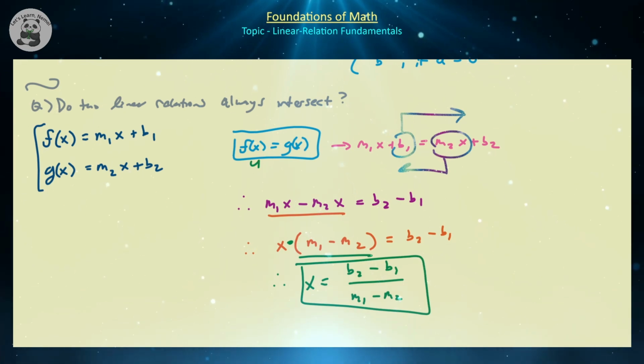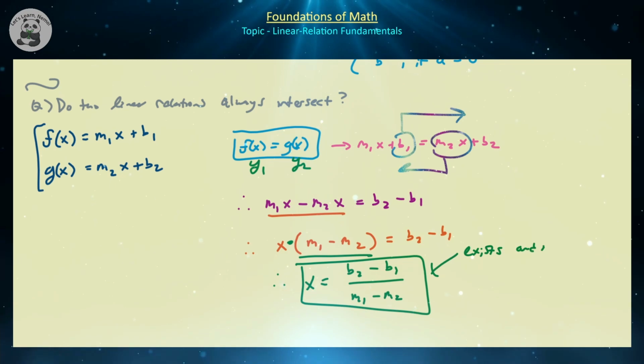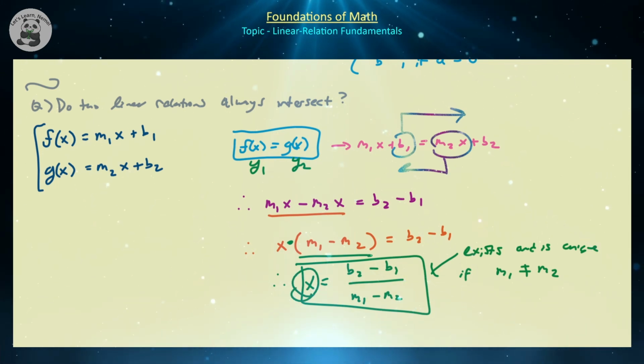So if these two y values, y1 and y2, are equal to each other, then the x value for which these lines do cross is located at this point, and this exists if m1 does not equal m2. Right? So if m1 does not equal m2, then the denominator cannot be equal to 0, which is a good thing because you can't divide by 0.